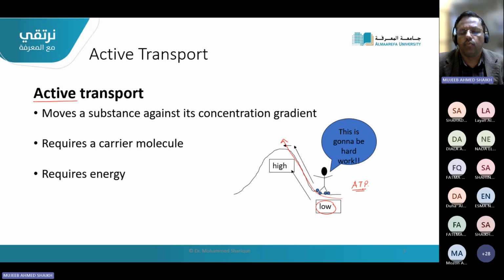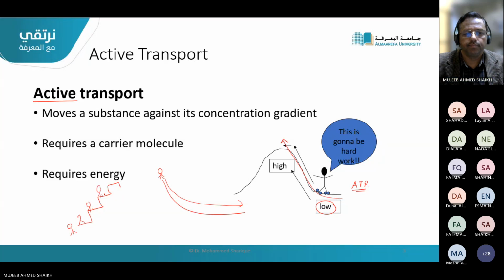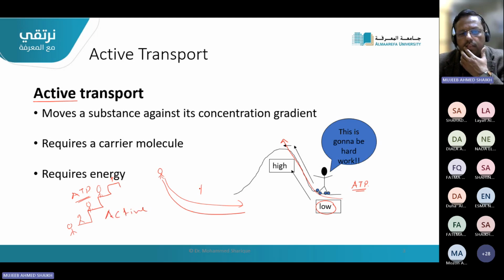Just like if you are on a slide, somebody pushes you and you can come down. But if you are walking up a stair, you have to spend energy. It requires energy, this is where ATPs are. This is called active transport, and this one is passive transport.